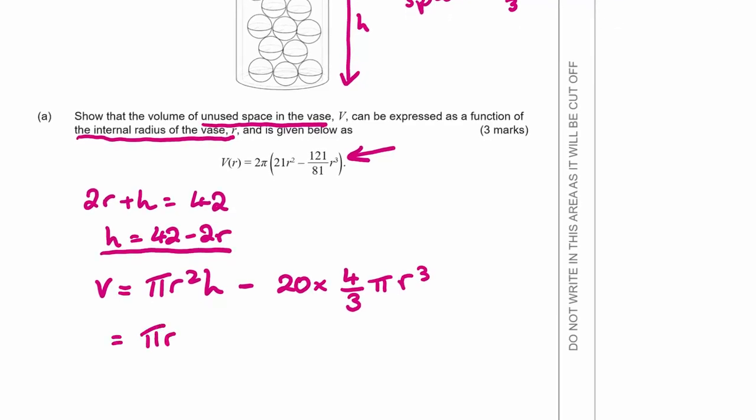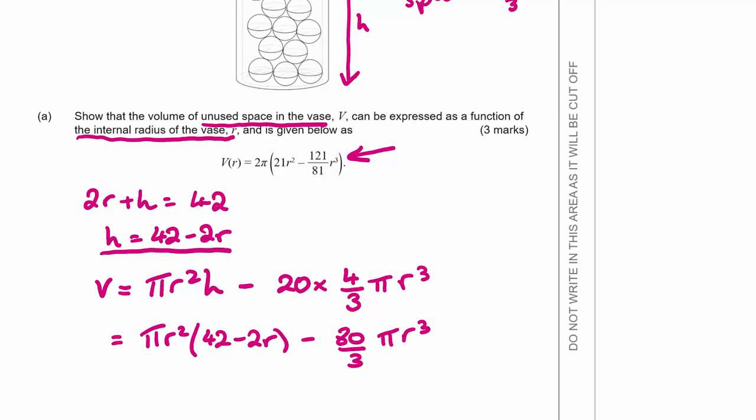So this is going to be pi r squared, 42 minus 2r, take away 80 over 3 pi r cubed.